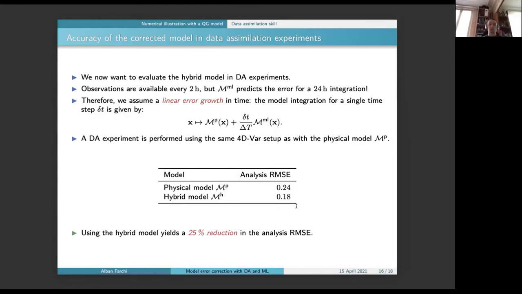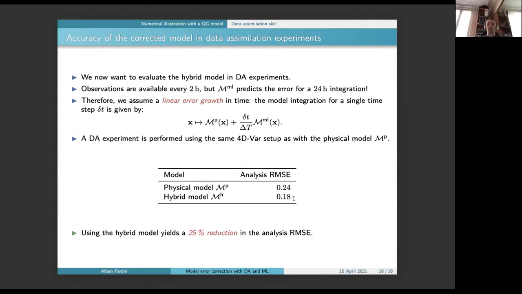This is very satisfying because we get, in the end, a 25% reduction in the analysis root mean square error. However, this is not yet the same level of accuracy we could obtain with a true model. And we wanted to know if it would be possible to further improve the analysis.